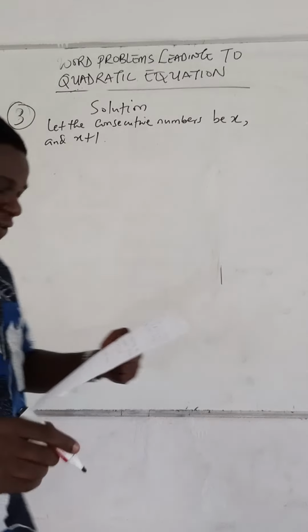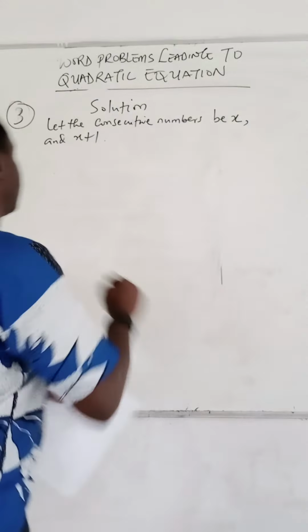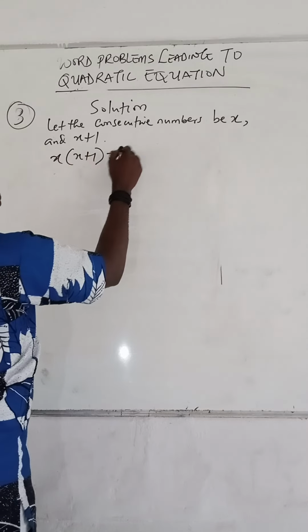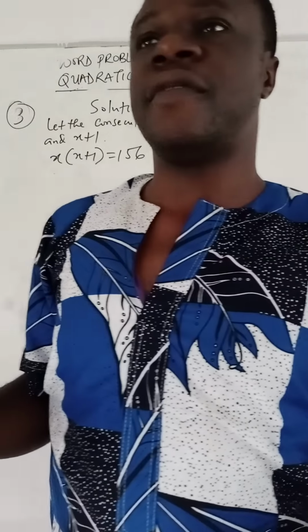They said find the two consecutive numbers whose product is 156. So if you multiply them, their product, x times x plus 1, equals 156.